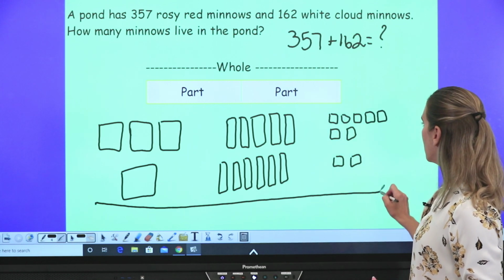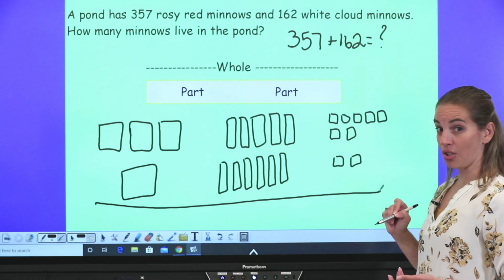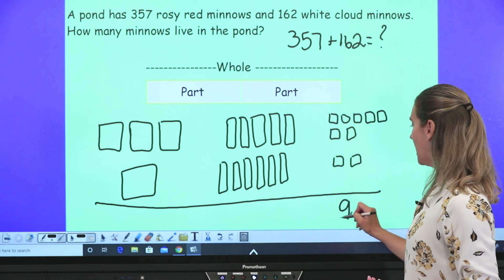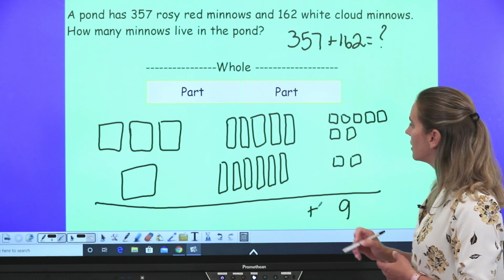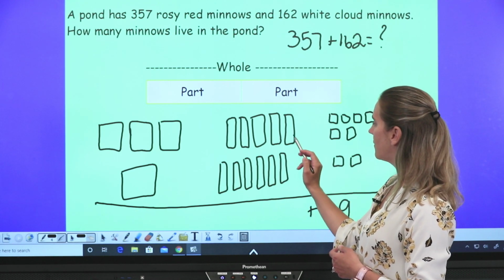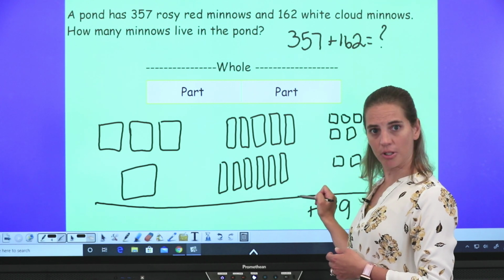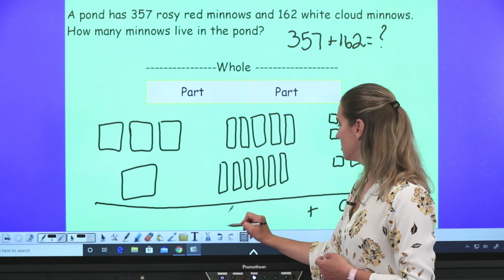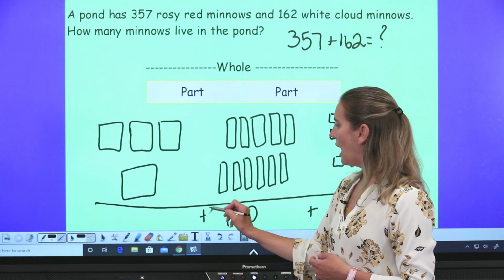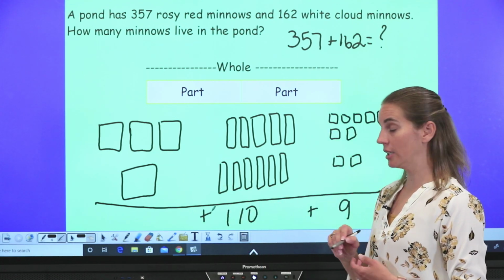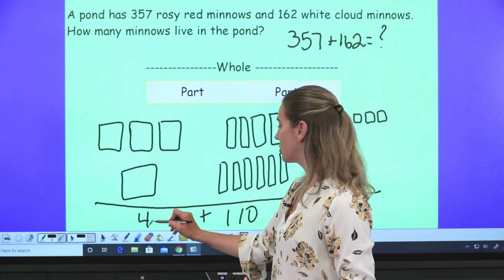All right, well, let's see. 7 and 2 will give me 9. Ooh, let's look at this one. 10, 20, 30, 40, 50, 60, 70, 80, 90, 100, 110. Okay, let's put that here. And 300 plus 100 is going to give me 400.